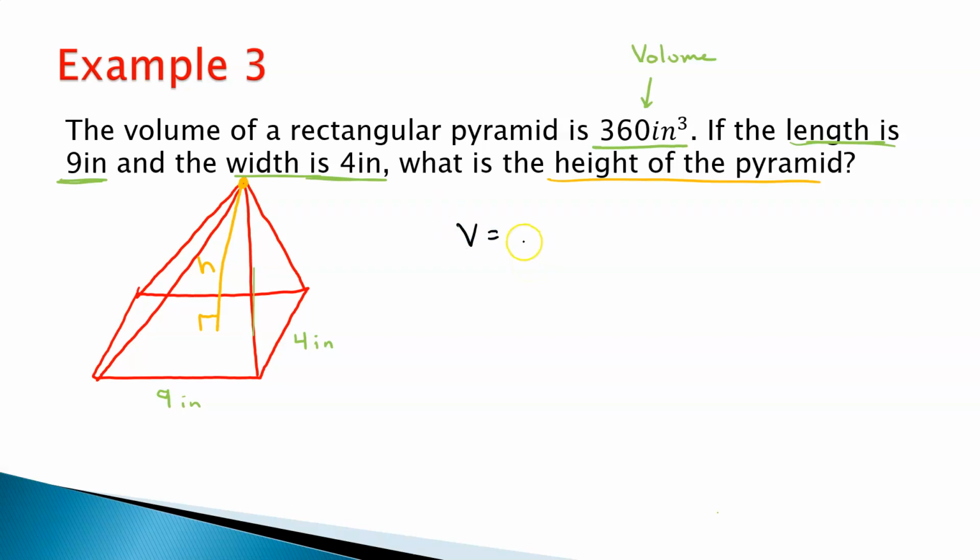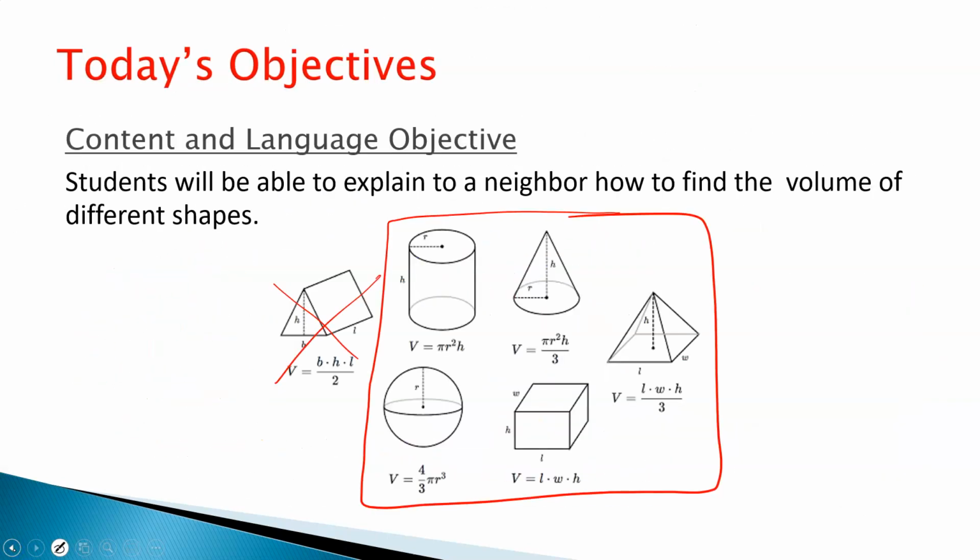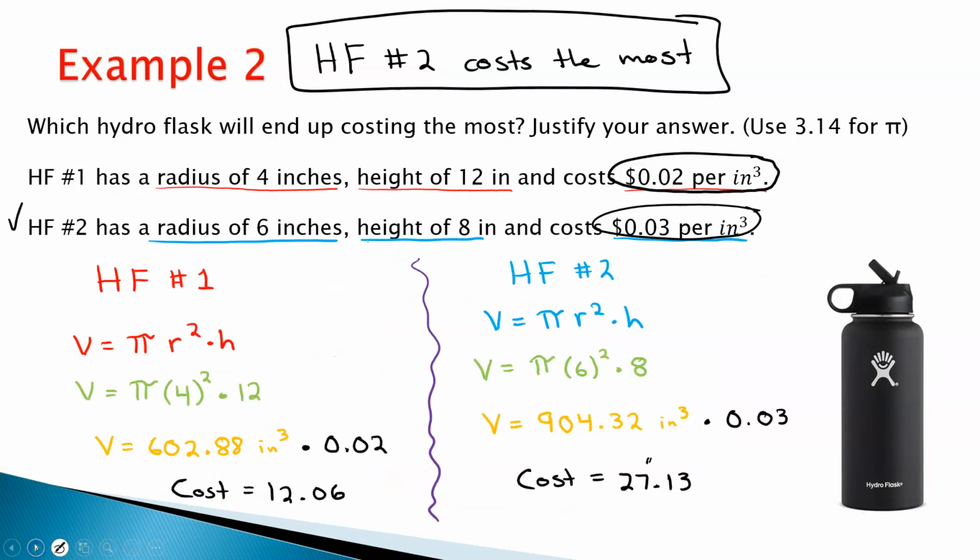Hopefully I remember this one. It is length times width times height, all of that divided by 3. If you forget, feel free to go back. And I actually did get it correct off the top of my head. It's been a while since I've done volume, so it's always nice to double check that I have the right formula.